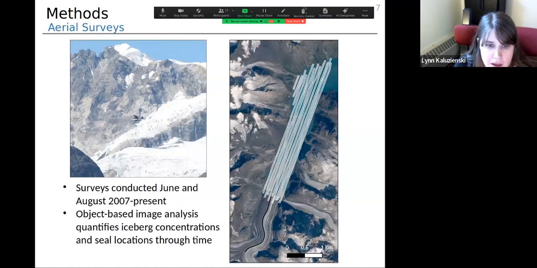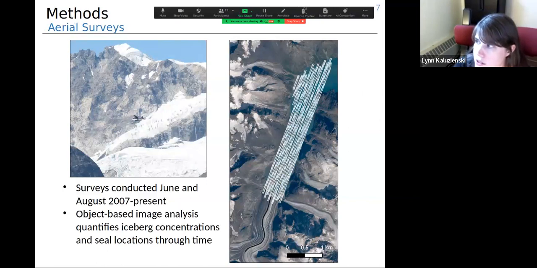Right, so on the right is an example of one of the aerial surveys carried out at Johns Hopkins. Each of those boxes is one photograph.